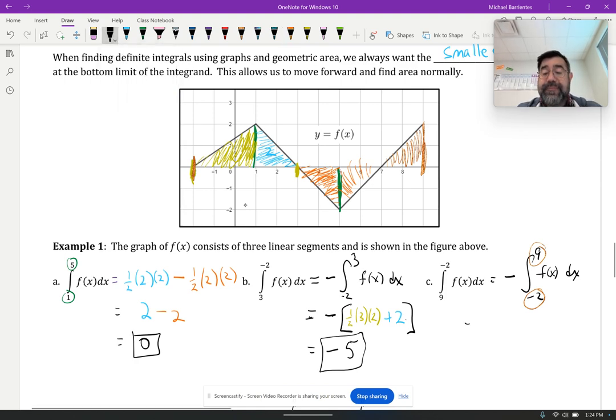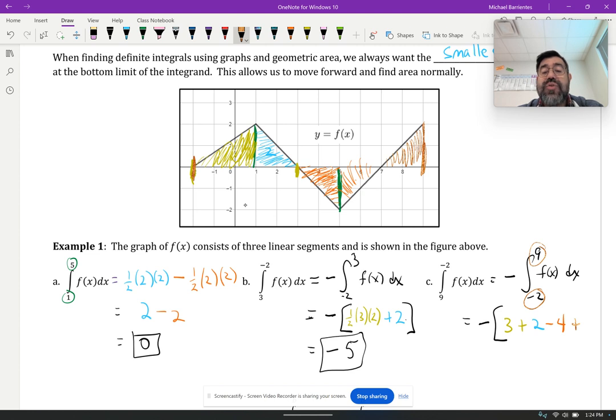So then I can say this equals the opposite of the first greenish part, which we said was 3, plus the bluish part, which we said was 2, minus this part, which is negative because it's under the x-axis. And this was -2 plus another -2, so that's going to be -4, plus the final part that I haven't figured out over here, but that's another triangle, so it's going to be 1/2 base times height.